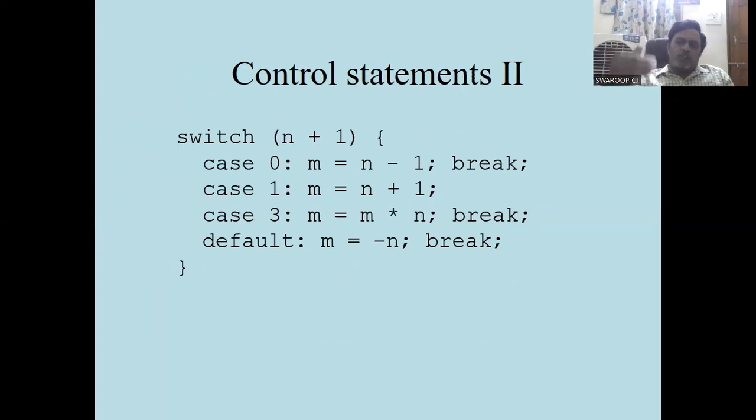Instead of writing a number of if-else, if-else, I will use the switch statement, where we can group all the cases in one place. Because of this, the program length will decrease, and it will take less time to execute the program. That's why you can say the switch is a substitute for the if-else.